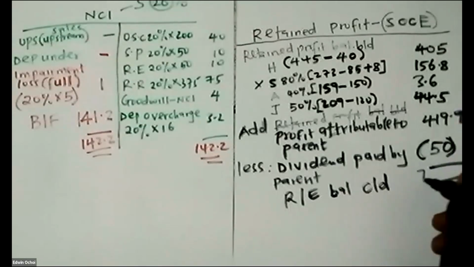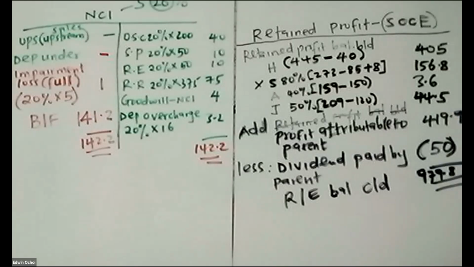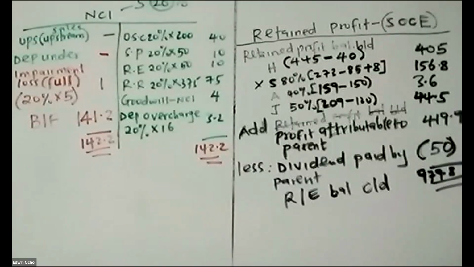So Elizabeth, you need to check. 979.8 is what you were supposed to record as your retained profit. Remember, 50 you subtract. Maybe you added that 50, Elizabeth. Yeah, I've seen where I've gone wrong. I have corrected. So that is 979.8.